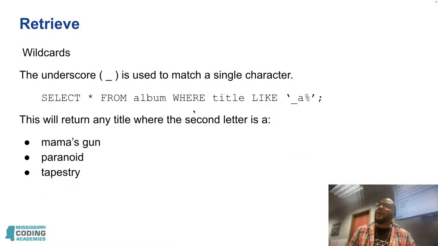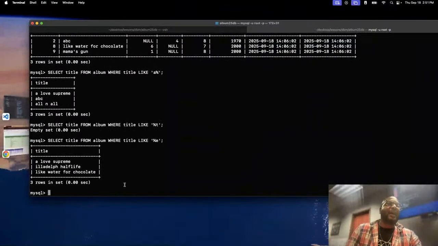There's a different kind of wildcard here, and this is the underscore. The underscore matches a single character. So the percent symbol is a kind of catch-all. The underscore is a single character. In other words, that single character can be anything, and then follow whatever guidelines afterwards.